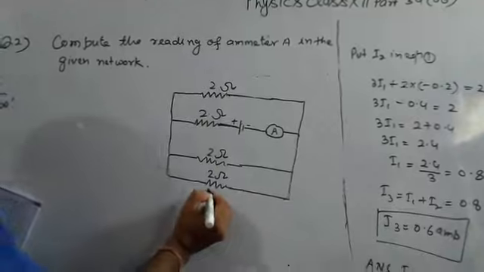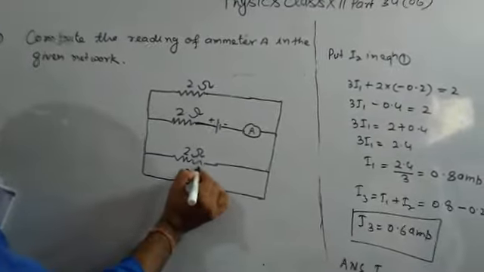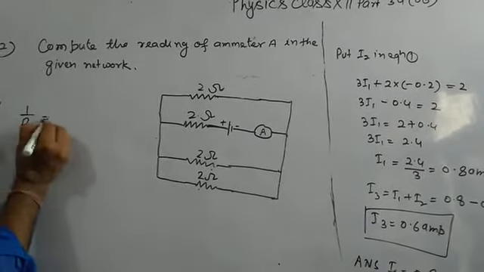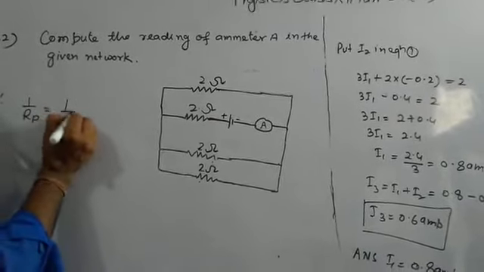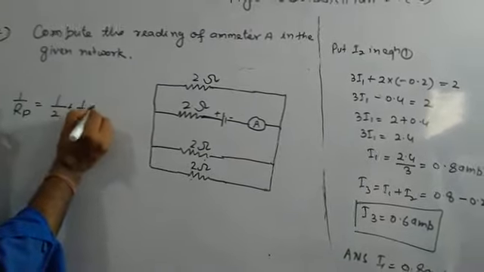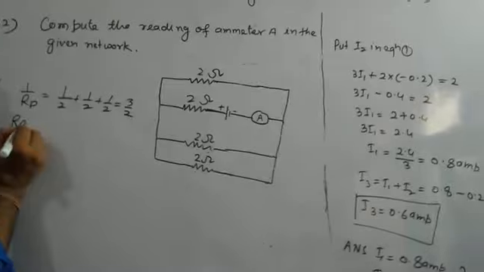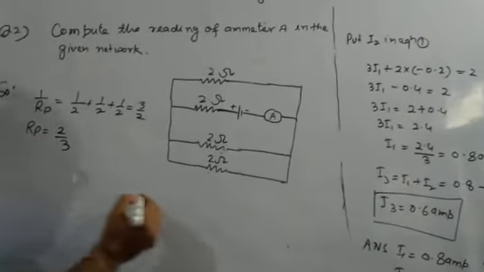In this solution, these 2 ohm resistors are in parallel combination, therefore 1 by Rp equals 1 by 2 plus 1 by 2 plus 1 by 2, that is 3 by 2, or Rp equals 2 by 3.